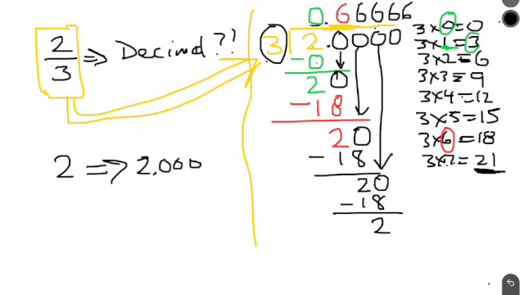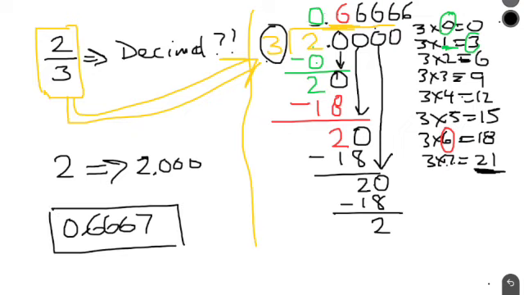A lot of times, teachers would allow you to represent the answer as 0.6667, because they may say to a certain number of decimal places. If they say to 4 decimal places, that's another problem that we have to figure out how to solve.